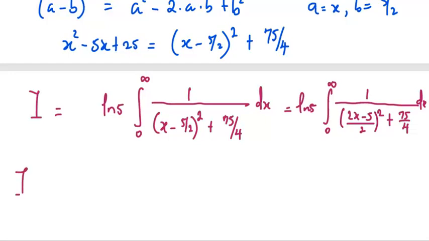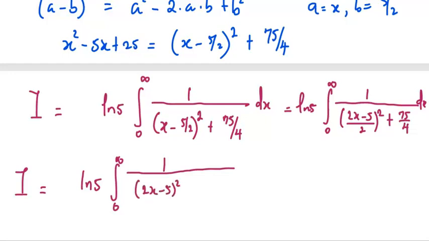So simplifying further again, this is equal to the ln of 5, the integral from 0 to infinity. So this is 1 divided by, so if you square 2x minus 5 squared all over 2 squared is 4, and then plus 75 all over 4, right? And then dx. So we know the 4, we can factor it out, and it's going to be 1 divided by 1 over 4, which is 4.